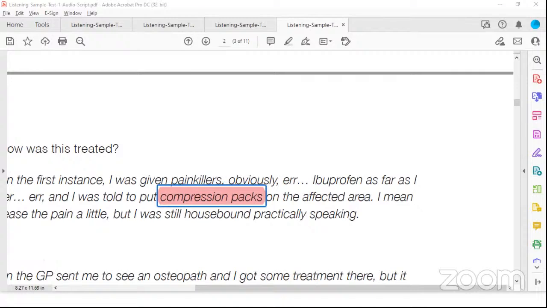Number one. So the sound A, or a compression pack, or a compression pack. Both the sounds are missing. A and A, both sounds are there when it is a compression pack. So the article A is missing.